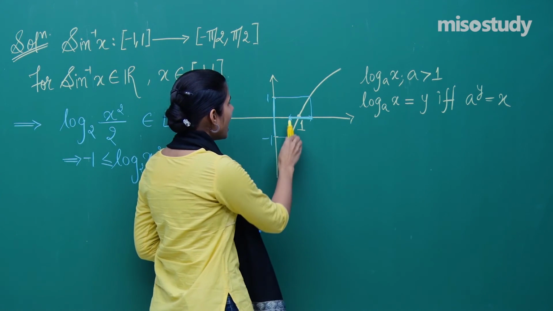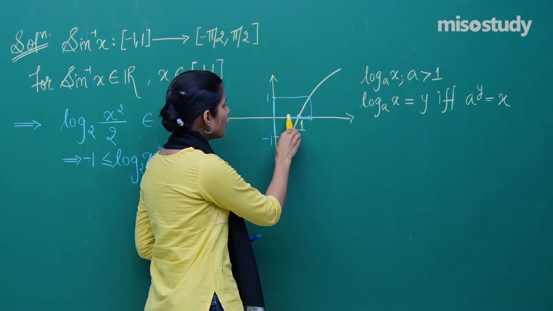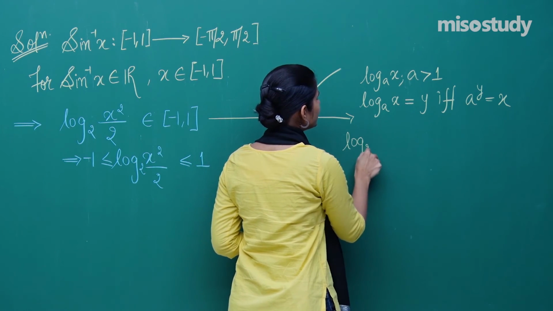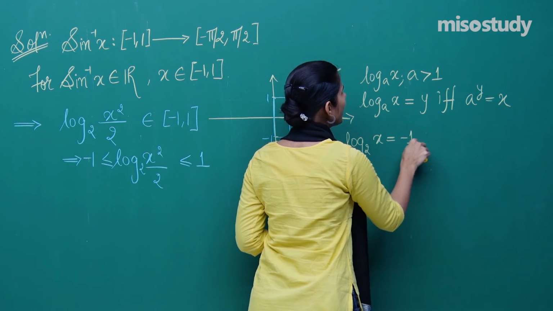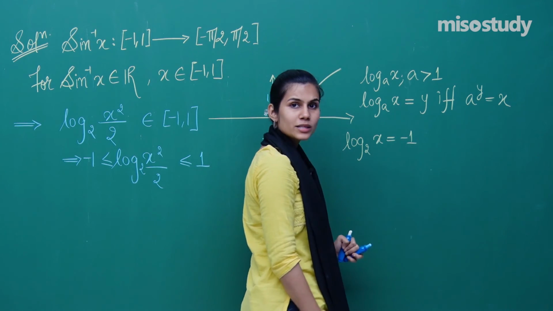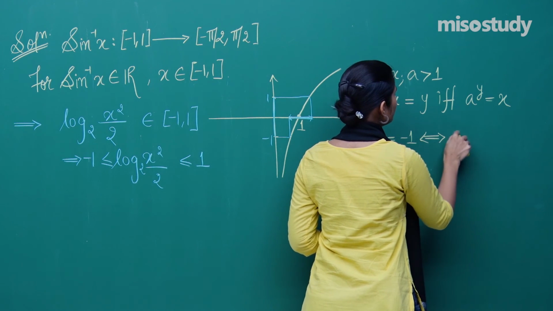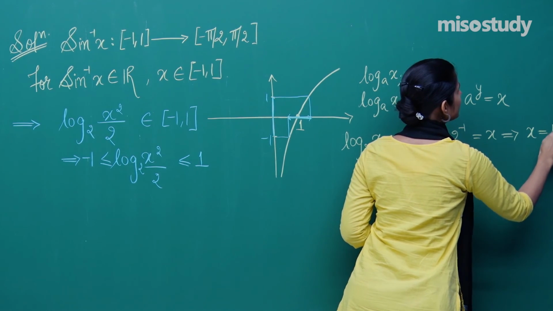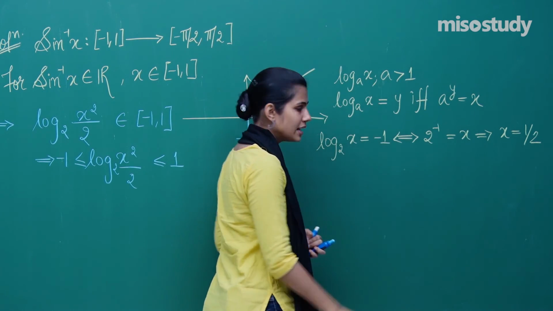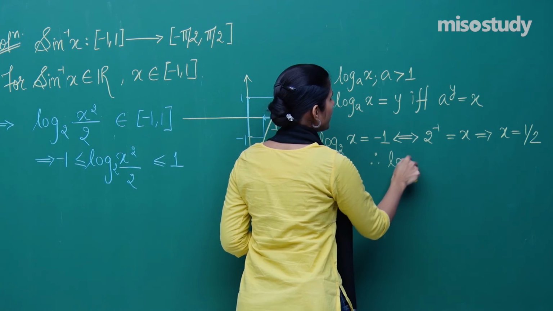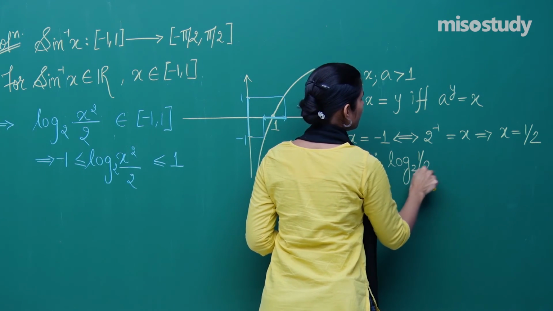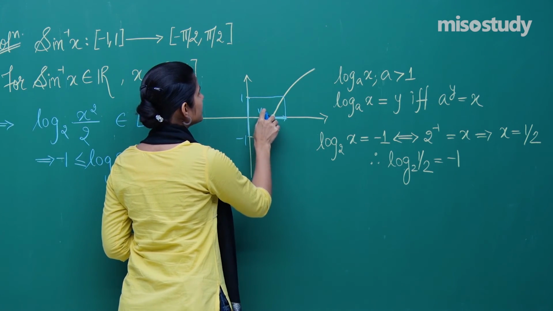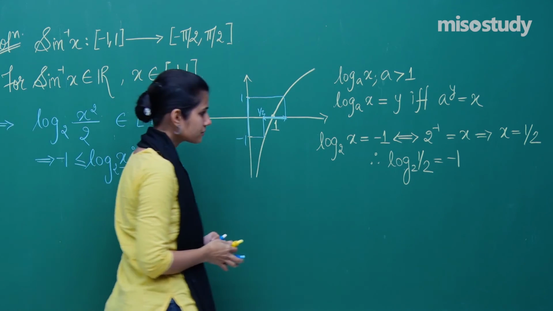That means I want that particular x for which log x to the base 2 is equal to minus 1. Well, log x equals minus 1 if and only if 2 to the power minus 1 is x, which implies x is half. And therefore, I have that log of half to the base 2 is minus 1, and therefore this arrow is nothing but half.